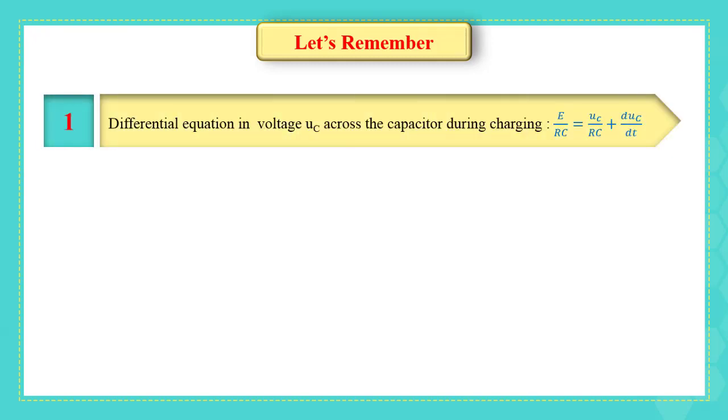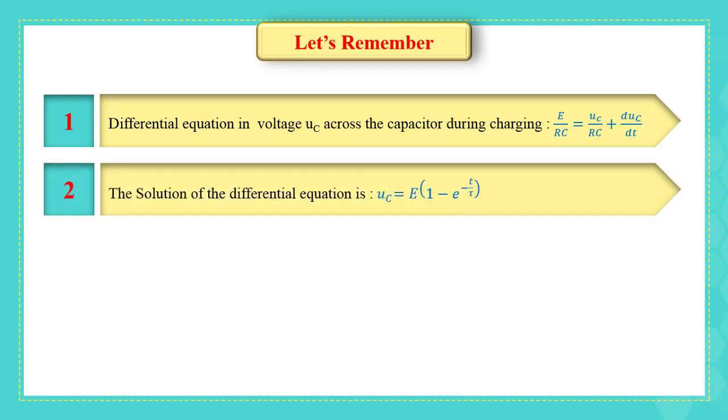1. The differential equation in voltage UC across the capacitor during charging is E over RC equals UC over RC plus dUC over dt. 2. The solution of the differential equation is UC equals E multiplied by 1 minus exponential minus t over tau. 3.